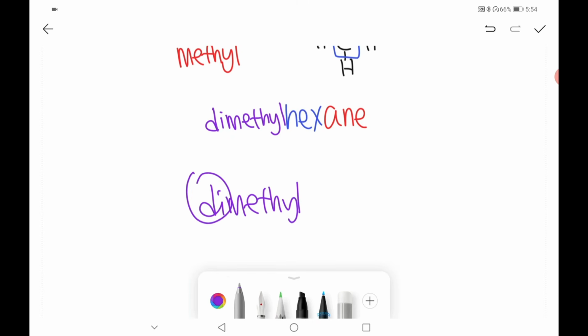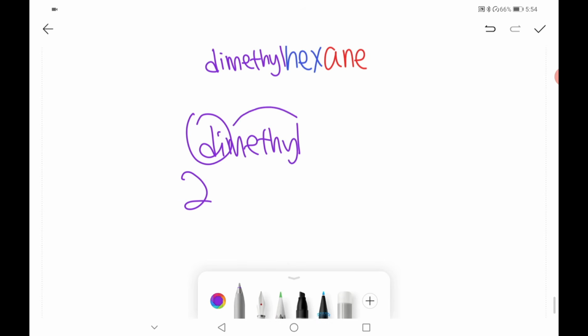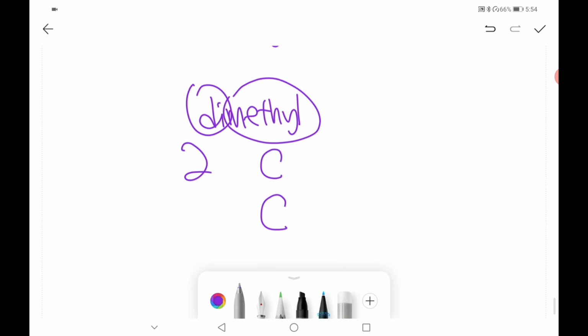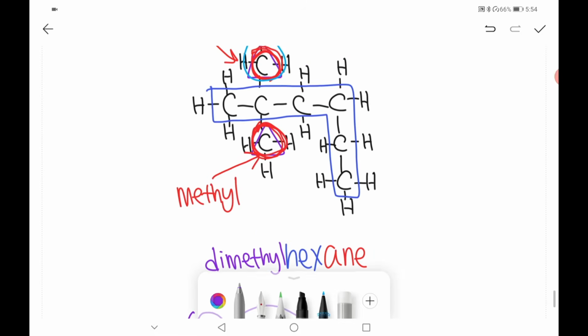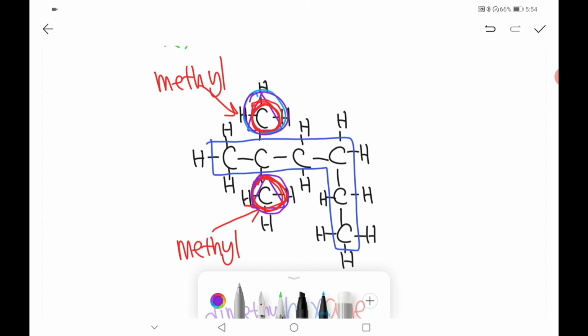Di means you have 2, methyl means you have a 1 carbon branch. You have two 1-carbon branches, this is methyl, this is methyl. So when you have 2 such branches, you call it dimethyl.